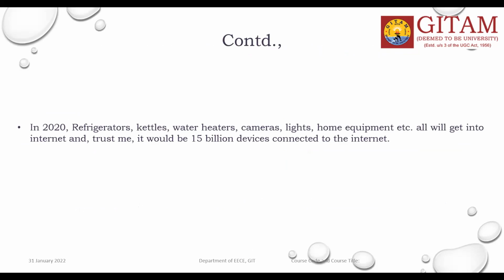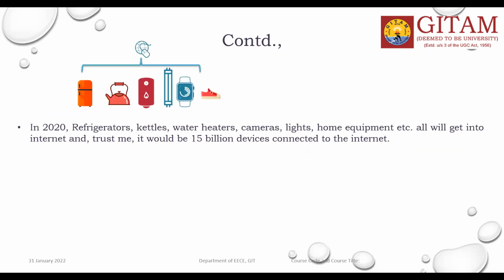In 2020, refrigerators, kettles, water heaters, cameras, lights, home equipment, every device has the provision of an internet connection so that your internet can be connected to them also. Trust me, it would be 15 billion devices connected to the internet.